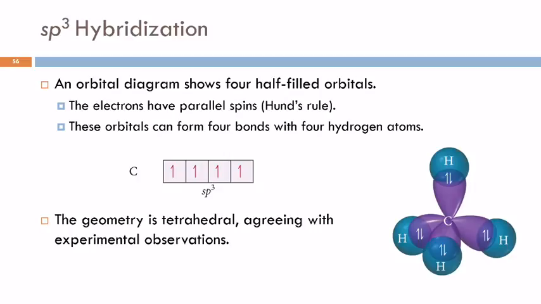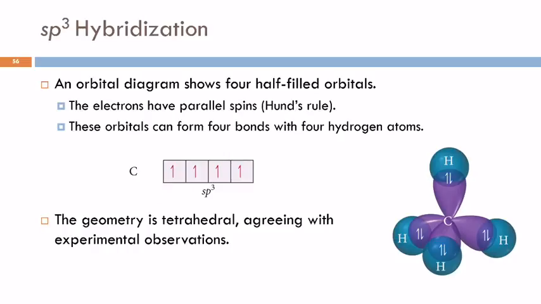If we hybridize those orbitals for carbon, we now get 4 sp3 orbitals. We started with 1 s and 3 p, so 4 orbitals, and we still have 4 orbitals, but now they're all the same. Carbon has 4 valence electrons, so Hund's rule says we fill these with 1 electron first, all with parallel spins. We're not going to put 2 of them together.